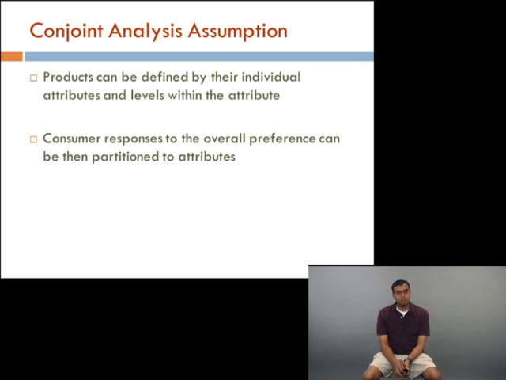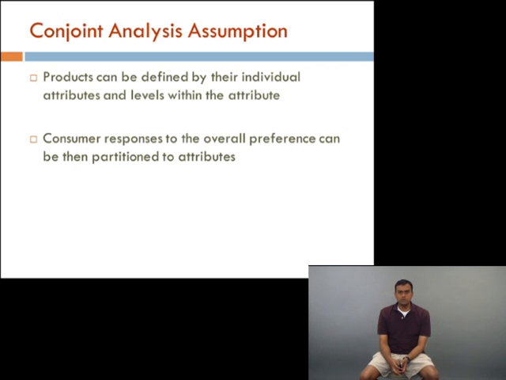The second assumption is that when you get people's overall preference, you can partition it across the attributes that make up the product, which means you can decompose a total preference into parts for the other parts of the product. So the two assumptions are: one, you can define a product by attributes and levels, and two, overall preference can be divided between these attributes or levels.